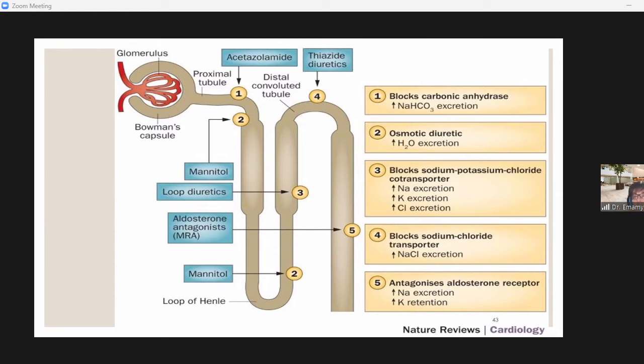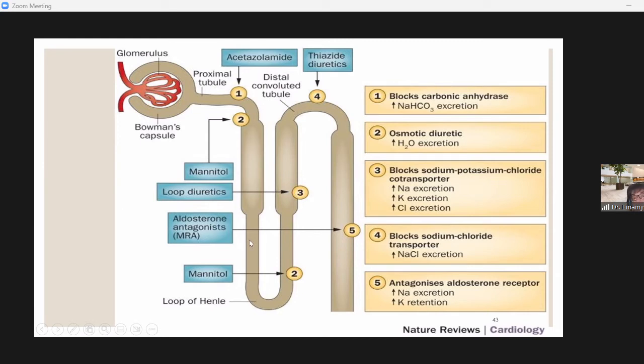Different types of diuretics. We have loop diuretics that affect loop of Henle. This is a nephron. So all diuretics affect our kidney nephron. The place of target of each of these diuretics: loop diuretics like furosemide, the strongest diuretics, they affect loop of Henle.